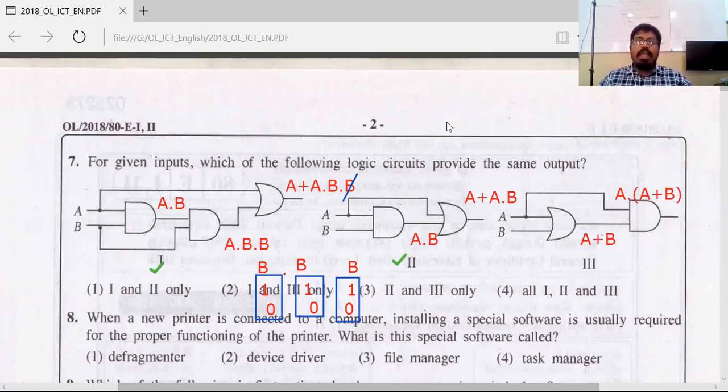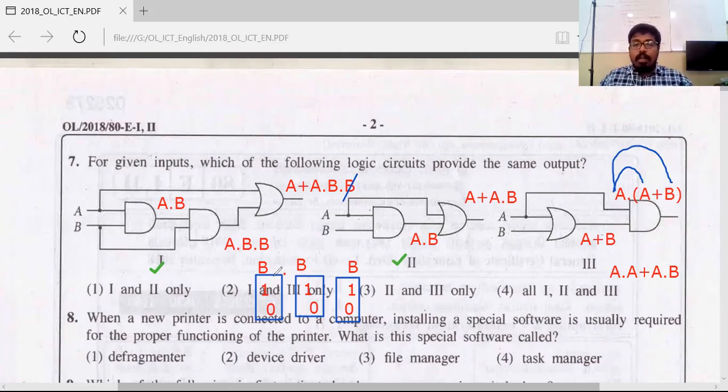So we have to expand it. A dot A plus B, mathematically, this equation, I can write it as A dot A plus A dot B. This is maths, expansion, right? So A into A, A into B, AB.